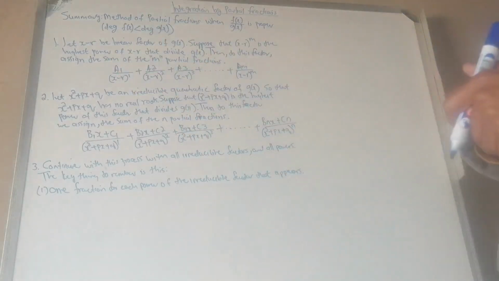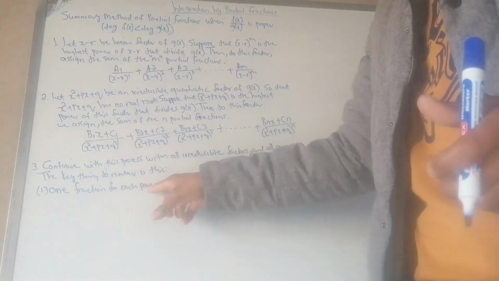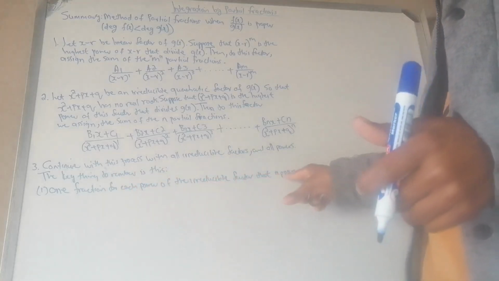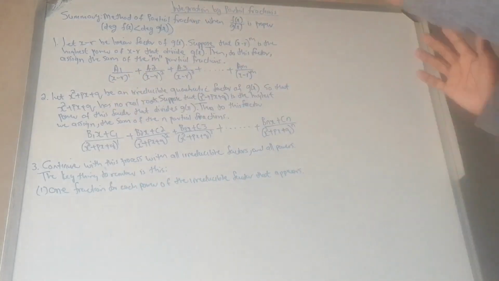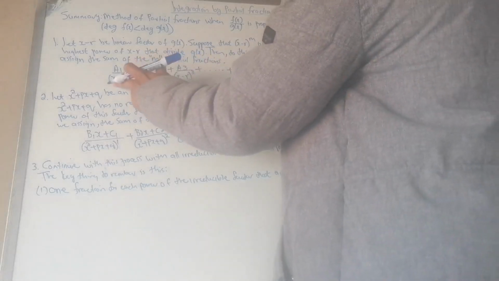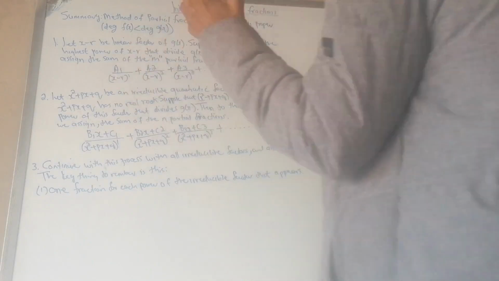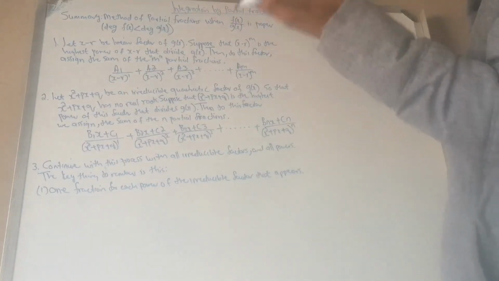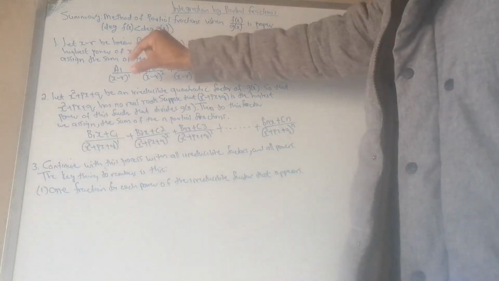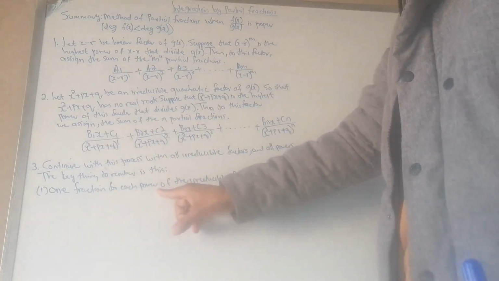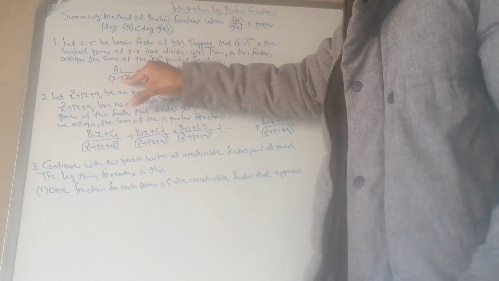So for each factor that appears, we must have this fraction where we assign this numerator of b1x plus c1, or this numerator of a1. One fraction for each power of the irreducible factor that appears. This one is linear, I'm just making an example. For each irreducible factor, we must have one fraction for each power.